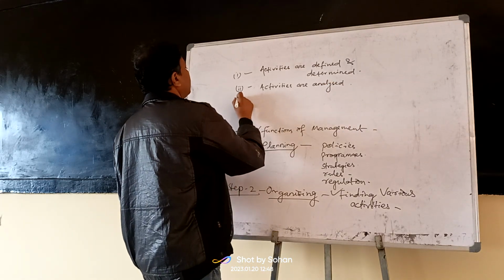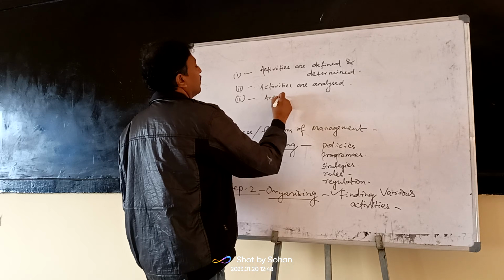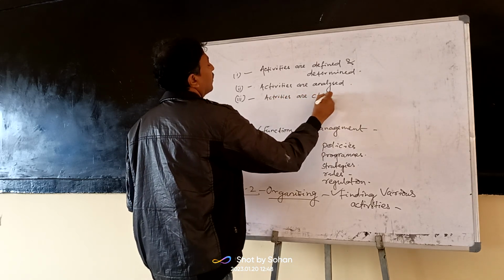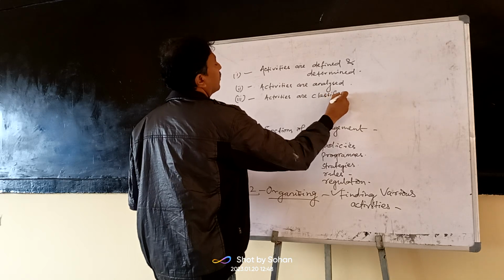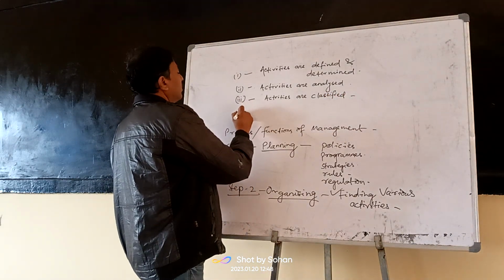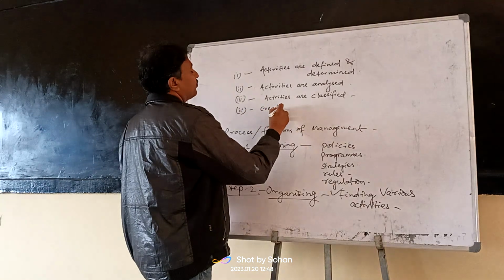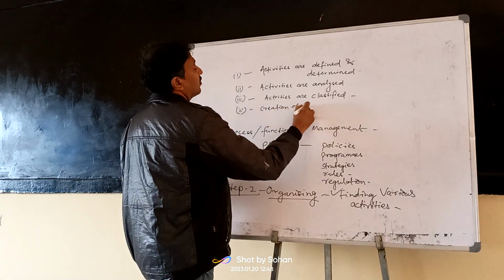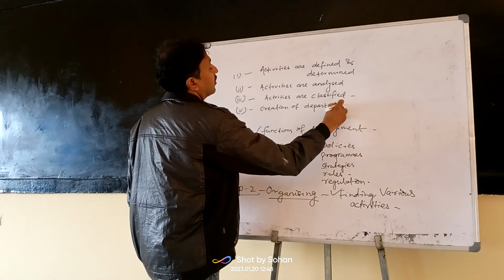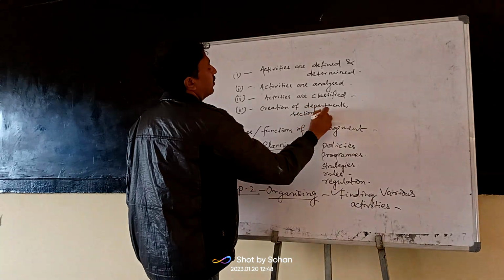In the third step, these activities are classified. Classification of activity, then creation of departments, sections, divisions, etc.